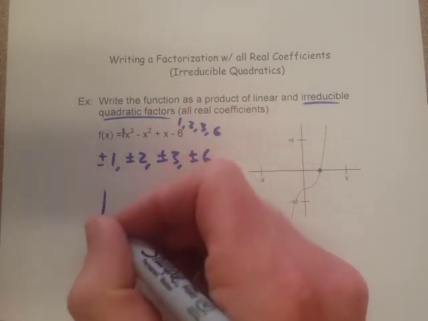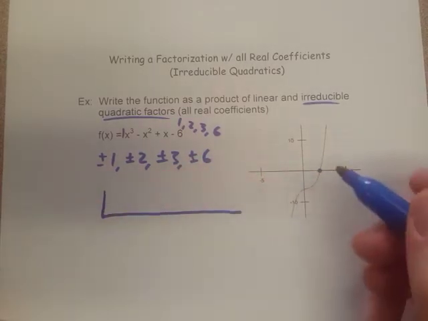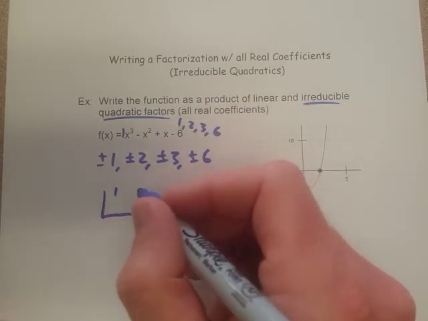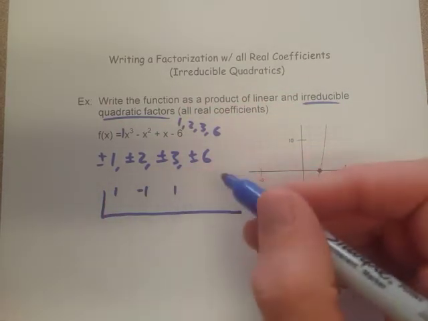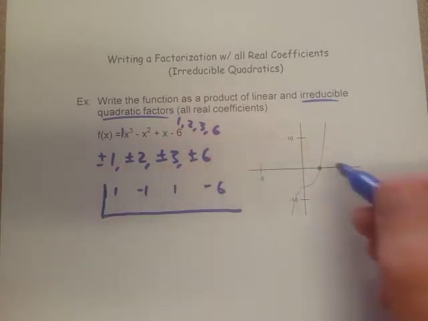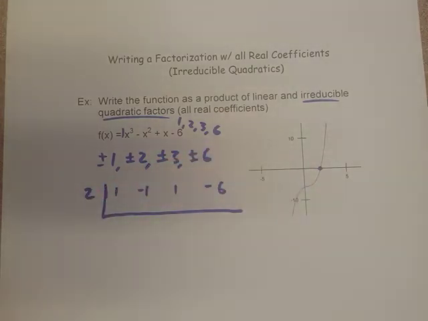So we're going to take synthetic division, enter our coefficients in there. Looks like we've got 1x cubed, negative 1x squared, 1x, and minus 6. Our k value is the same as our 0, so that's a 2 on the outside.